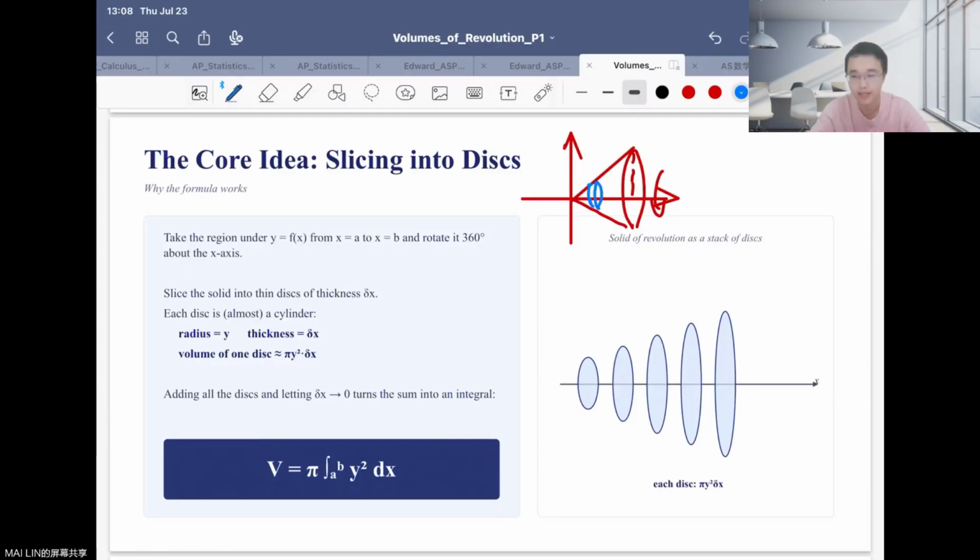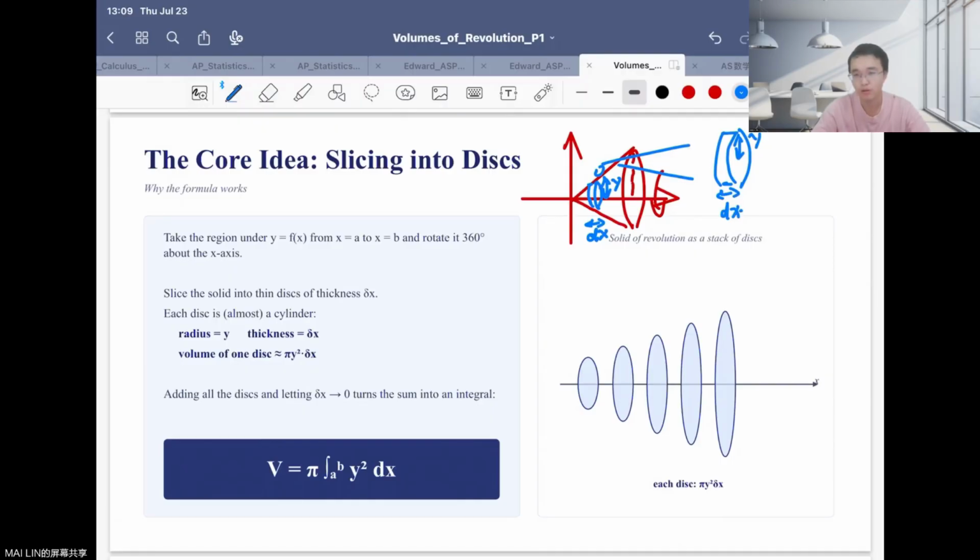Set the cylinder's x value as very small, and the cylinder's height is dx. The radius of the base circle is y.